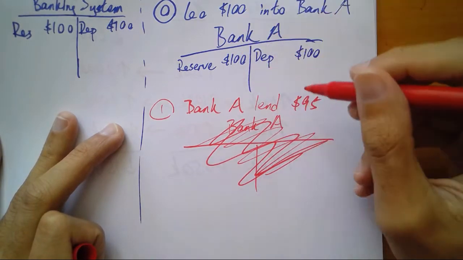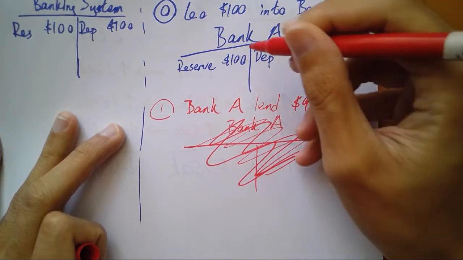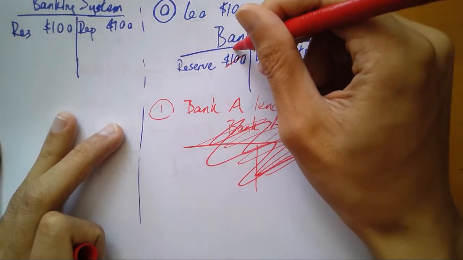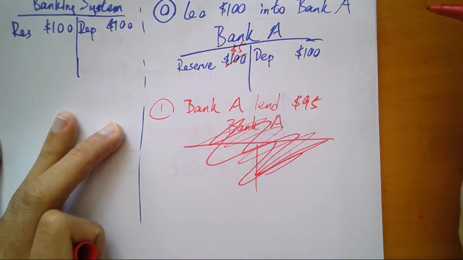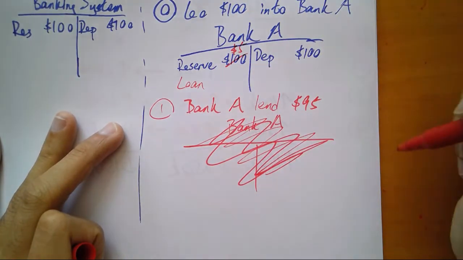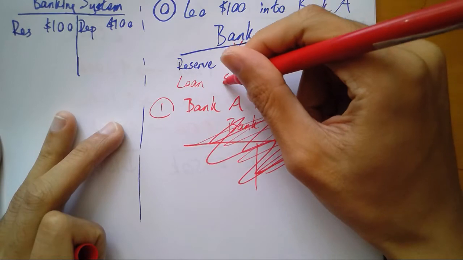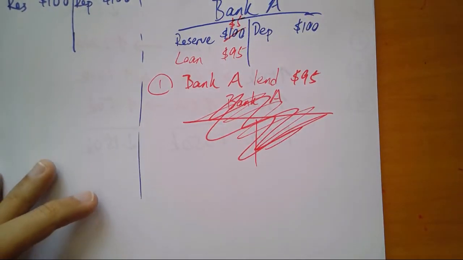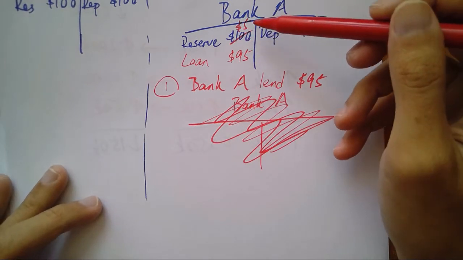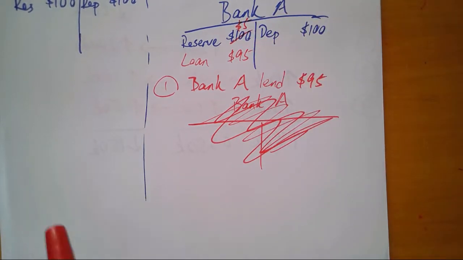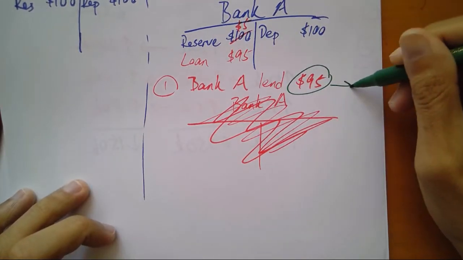But then I lend out 95 using real money, therefore reserve becomes 5 and loan becomes 95. Since I lent out 95 of the 100, 5 is left.